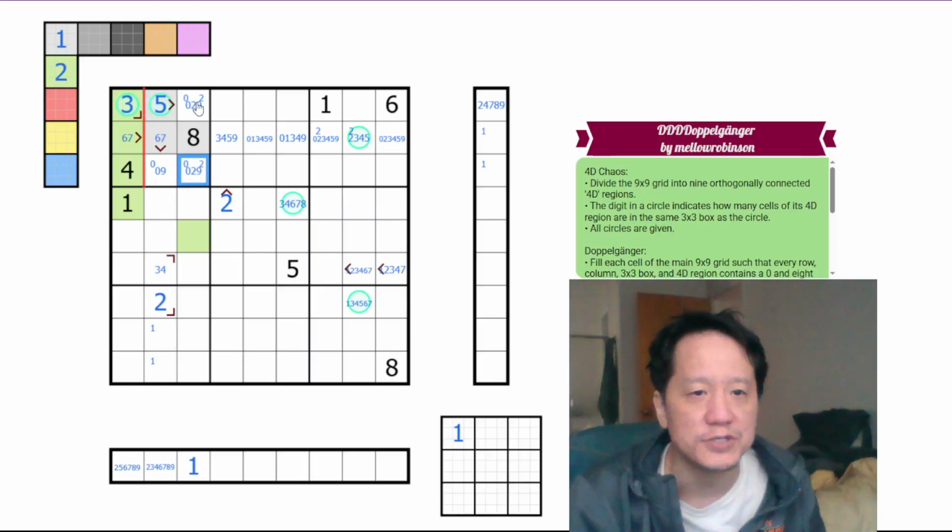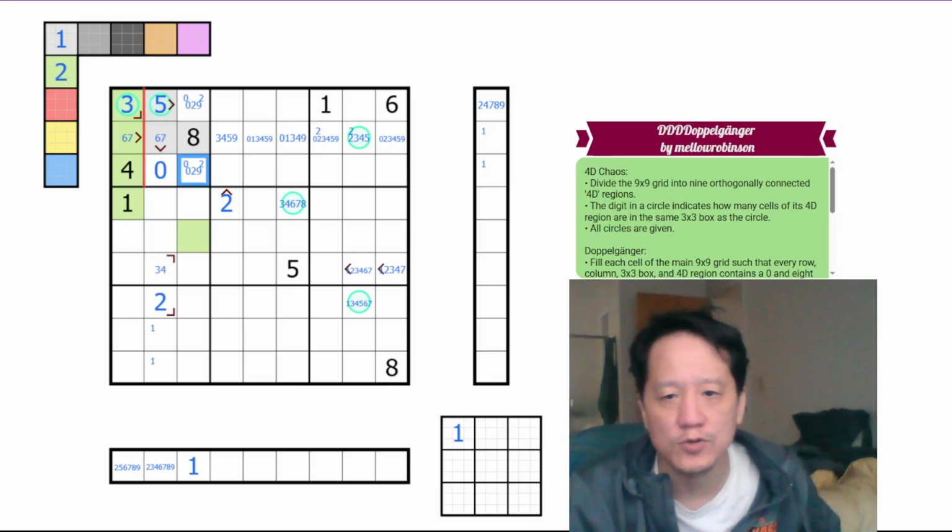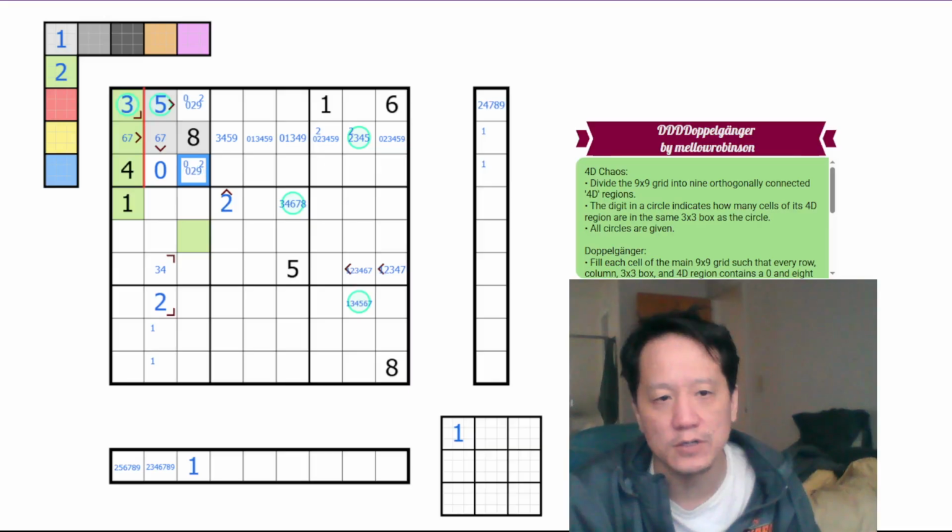So where is the 0 in box 1? If it were 0 here, it would be missing a 1 in the box and a 1 in the column. So 0 cannot be either of these. Therefore, this is 0. Which means this cannot be 0 here. And no 0 here.